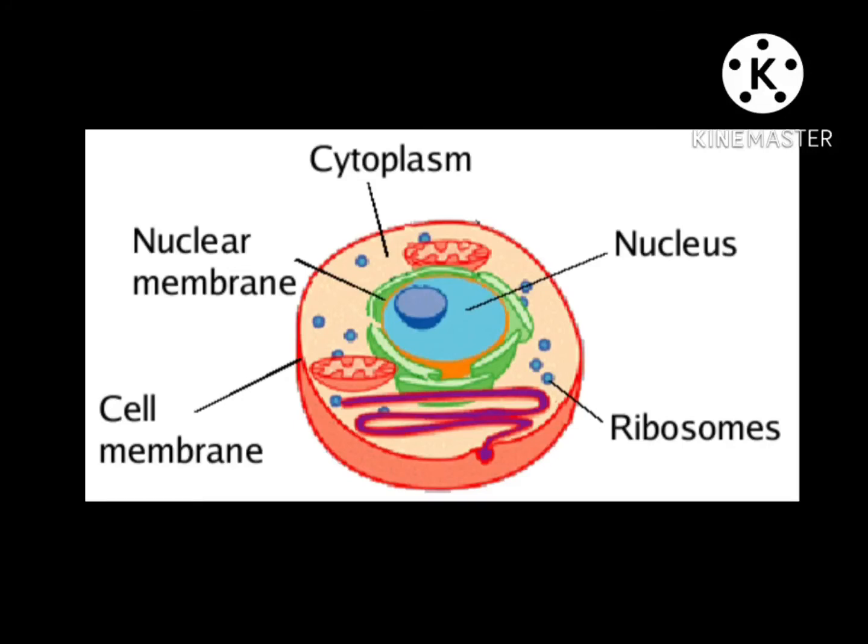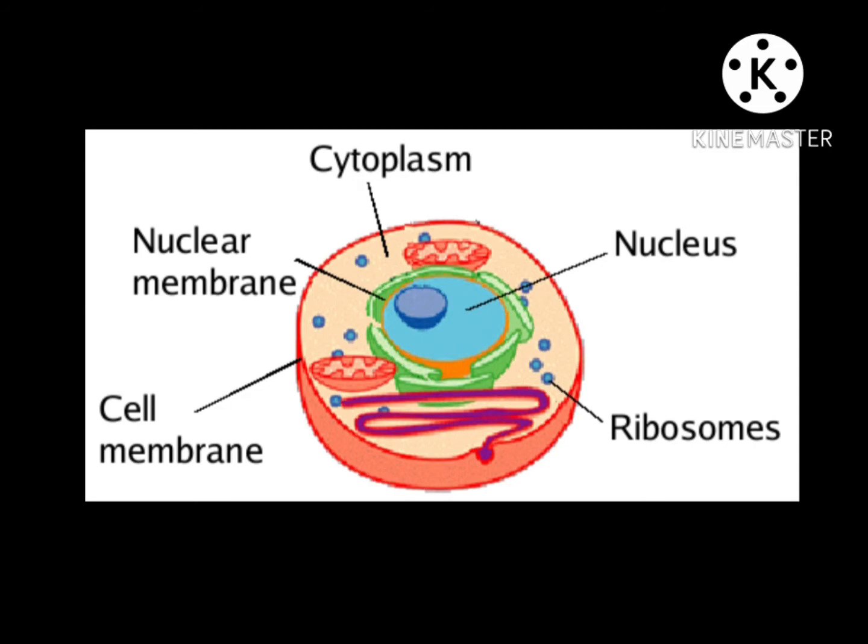Here I am back with a new video, and in today's session we are discussing ribosomes in chapter 2 of zoology, CBZ second year, fourth semester. So, ribosomes: where are they present?